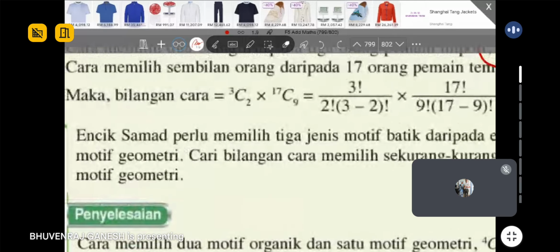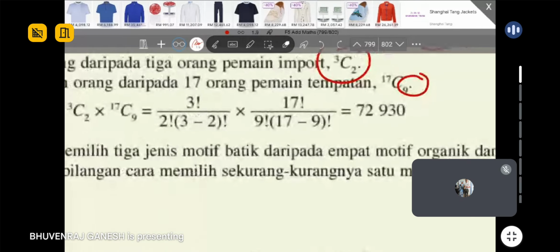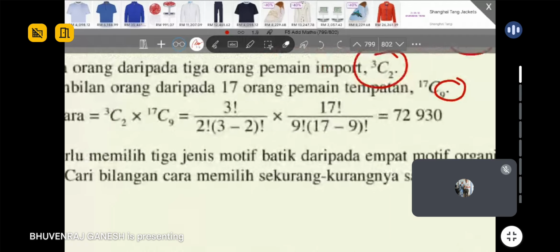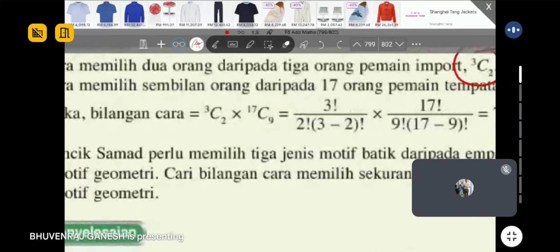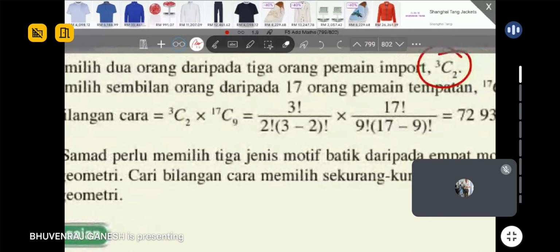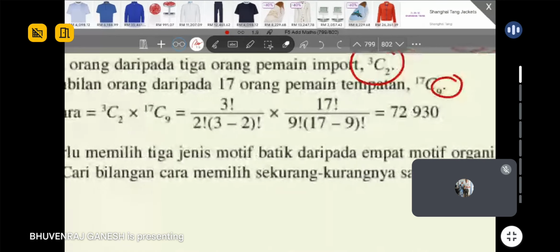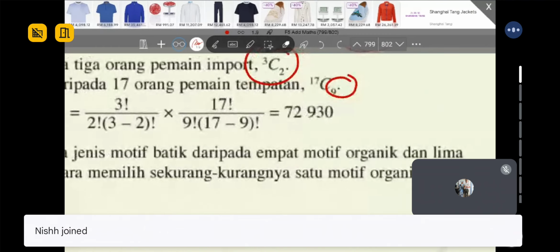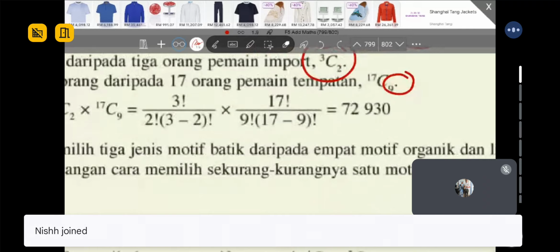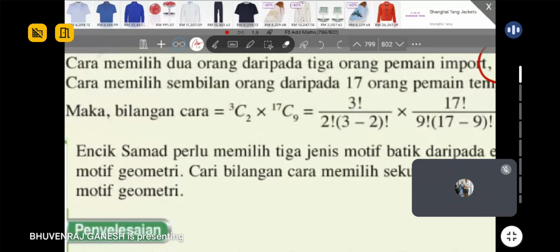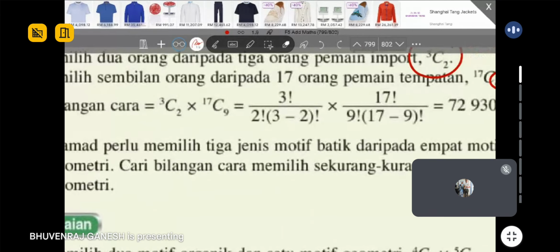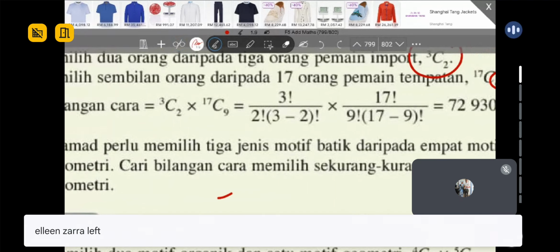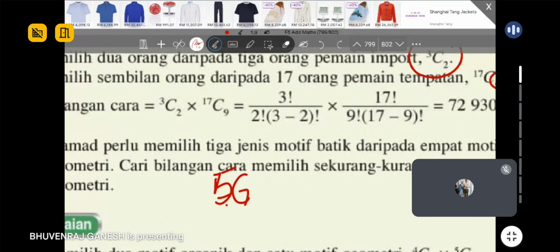Alright, so for this question, this one a bit confusing. They say that got 3 motifs for batik, from 4 organic motifs and 5 geometry motifs. So the situation is something like this. 5 geometry, 4 organic. So total is 9.